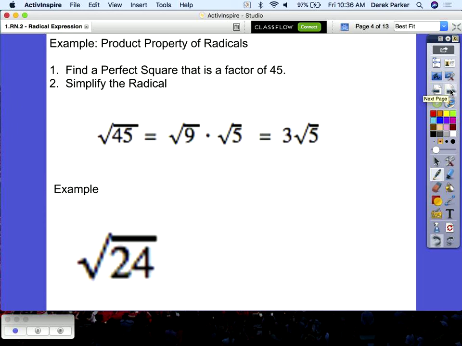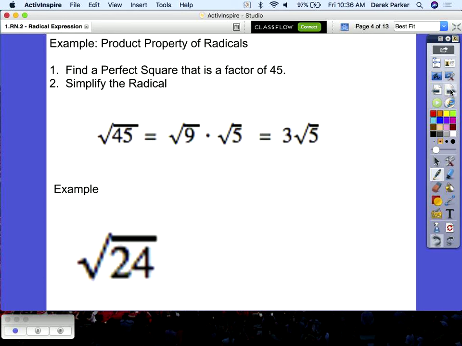Now that I've done that, let's get into some numbers that'll help it make a little bit more sense. So to simplify a non-perfect square, we have to find a factor that makes up that 45 that is a perfect square. So I break down the square root of 45 into 9 times 5.